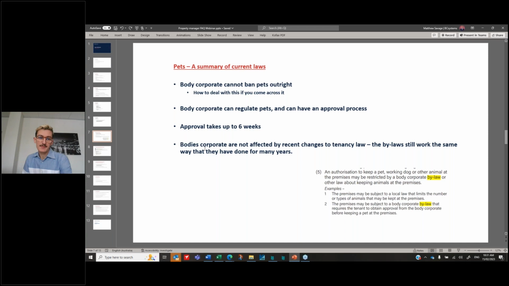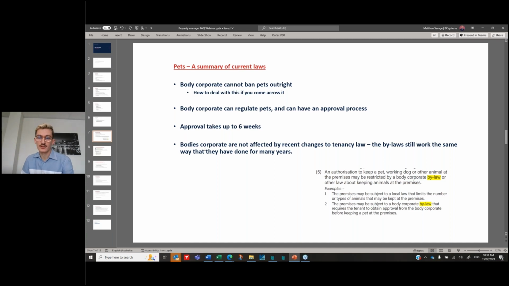And the last point there: the body corporate is not affected by the recent changes to tenancy law. What I mean by that is nothing the body corporate does is going to be any different now in 2023 to what it was in 2022.